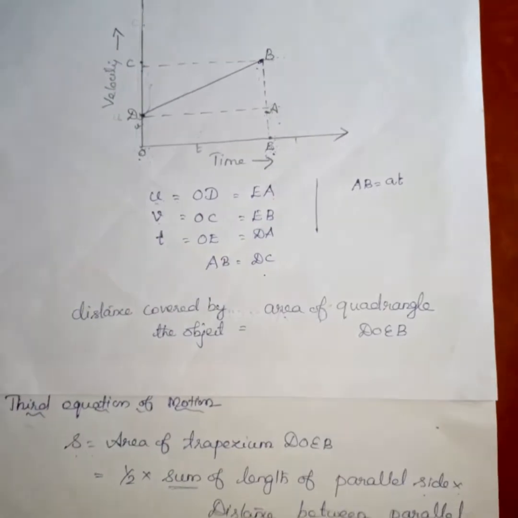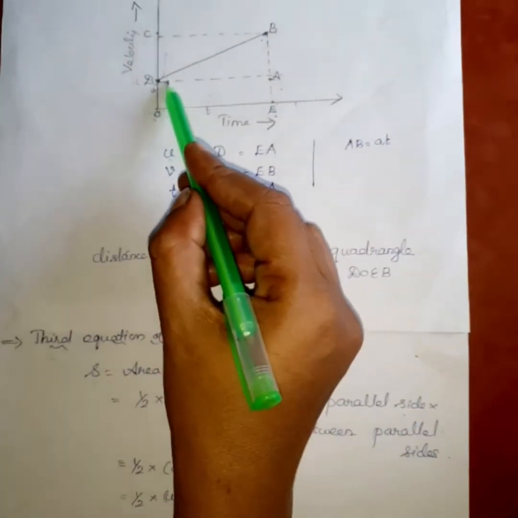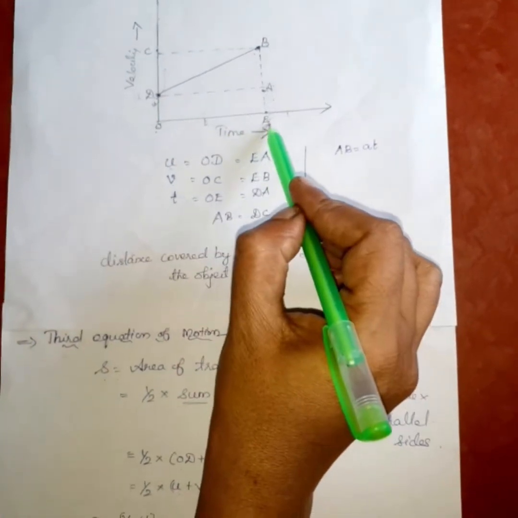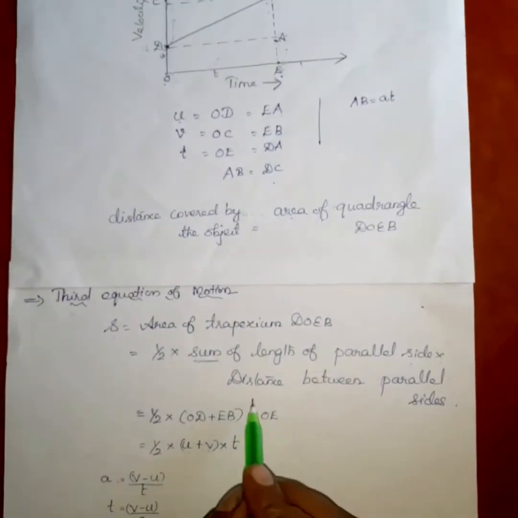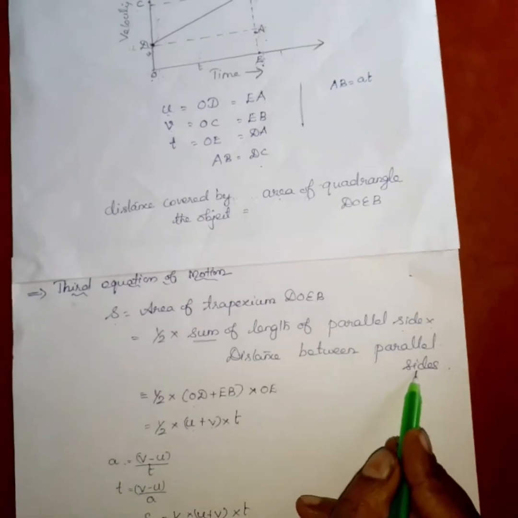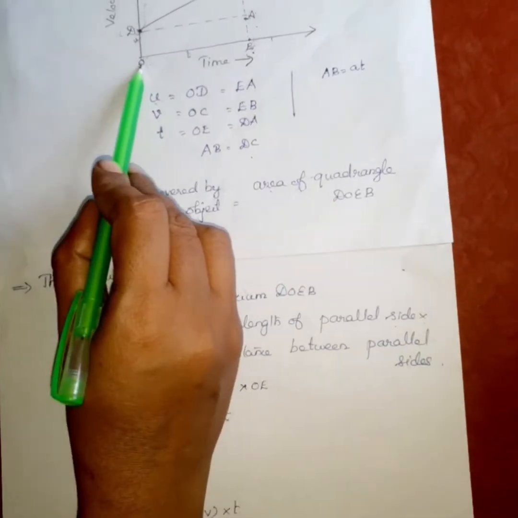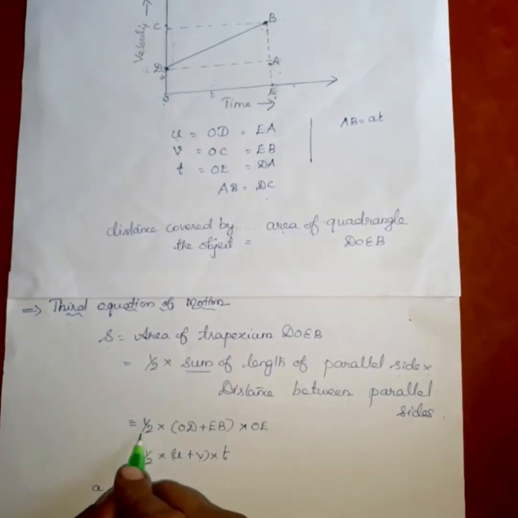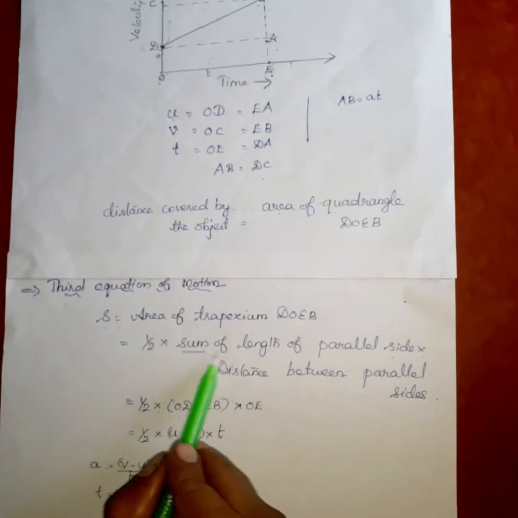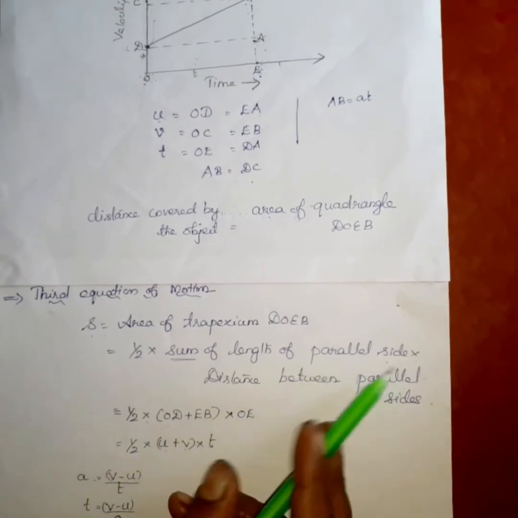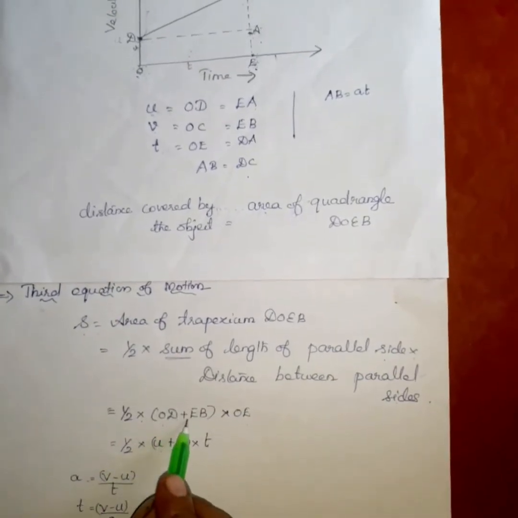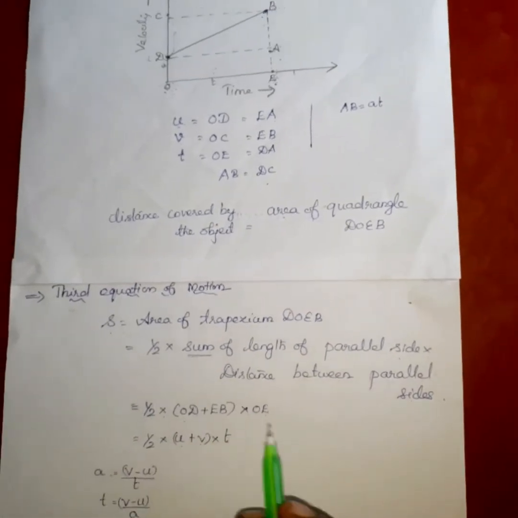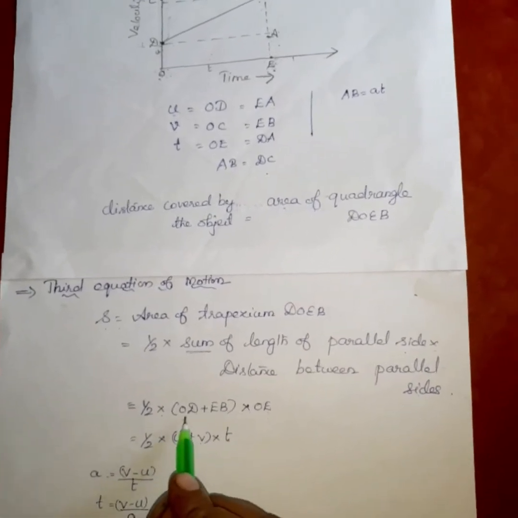So half into (OD + EB) into the distance between the parallel sides, here OE. Now you write half into (OD + EB) into OE.